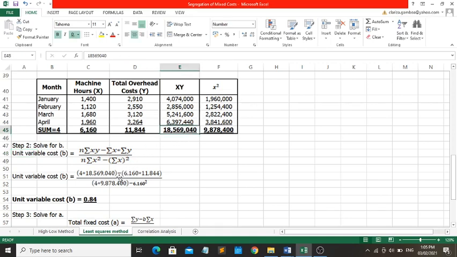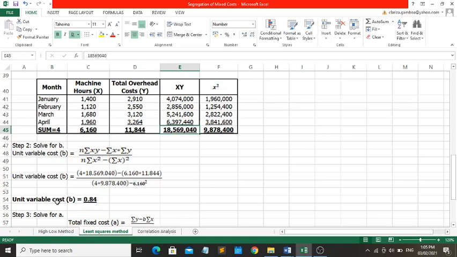Minus the summation of X, which is 6,160, times the summation of Y, 11,844. Then divided by N, which is again 4, times the summation of X squared, which is 9,878,400, minus the square of the summation of X, so 6,160 squared.